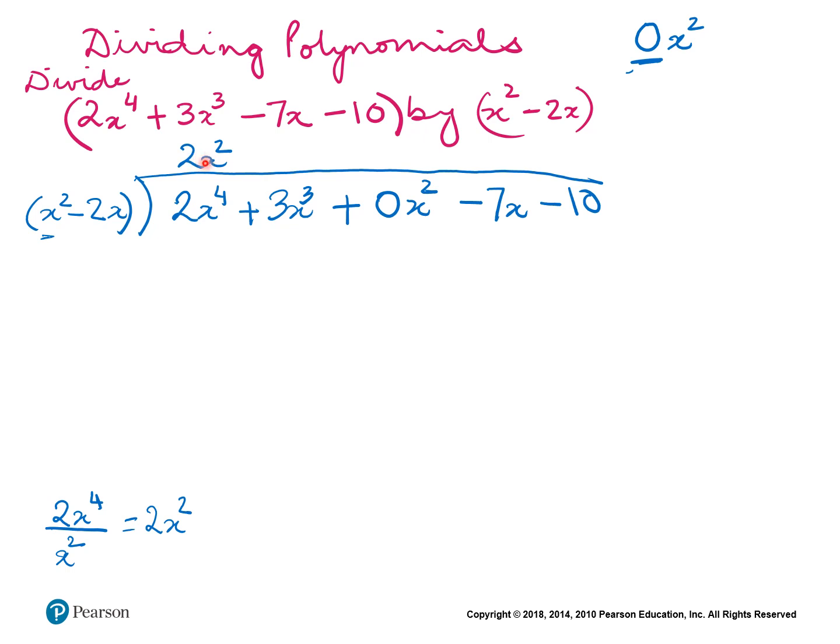So 2x squared times x squared is 2x to the fourth, and make sure you are aligning the terms to make it easy for you to do the subtraction. And 2x squared times minus 2x is minus 4x cubed, correct? 2 times negative 2 is negative 4, and x squared times x is x cubed.